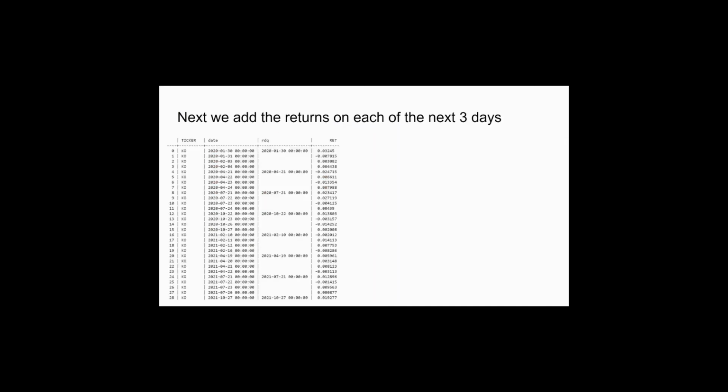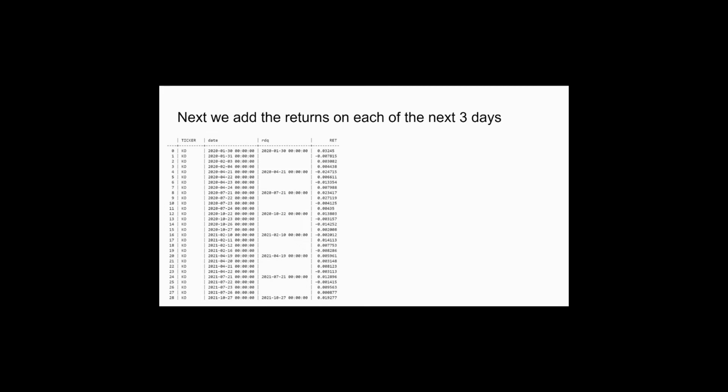We're going to add in dividend yield year to date, sales year to date, operating income year to date, fiscal quarter, fiscal year, shareholder equity, shares outstanding, and the price. Again, we're merging on ticker and on this date, RDQ.